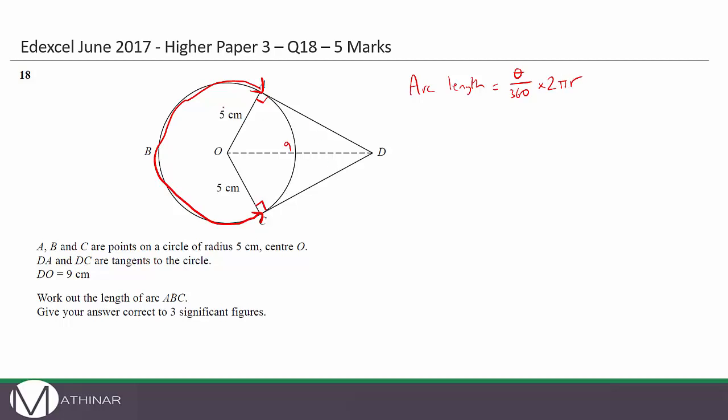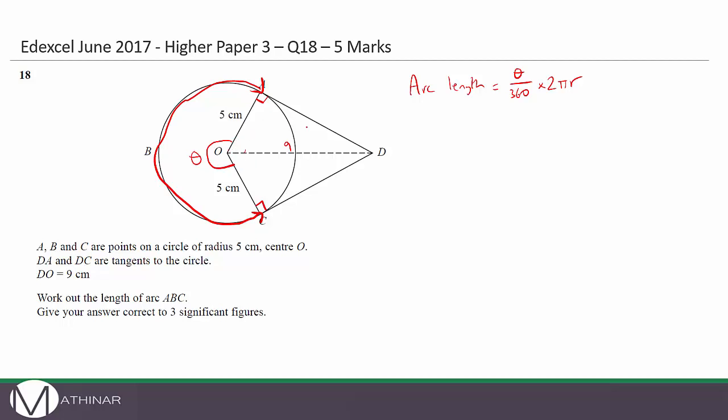Now, for this arc here, we know that the radius is 5, but the angle theta is this one here. So we need to work out this angle, the major angle. So it's going to be bigger than 180 degrees. So in order to work that out, we'll need to work out the angle on this side. Okay, so if we can work out this angle, then we can do 360 minus that answer to get that one. Now, how can we work out this angle?